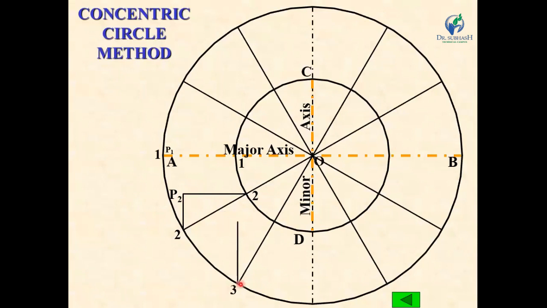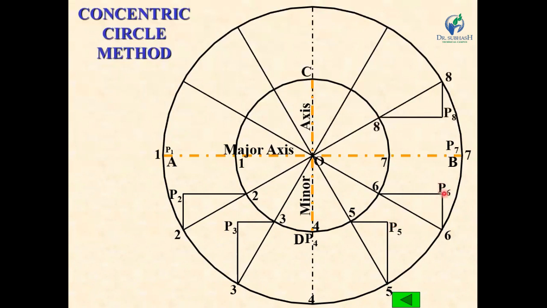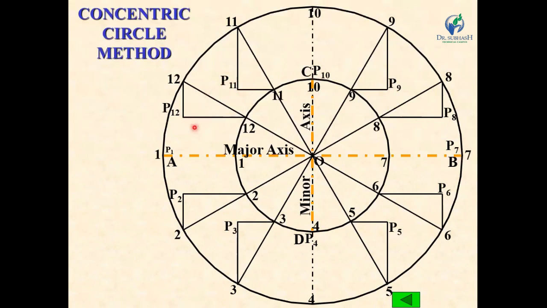Similarly, draw a vertical upward line from point 3 and a horizontal line from point 3 of the inner circle, and the intersection point is P3. Here, similarly, you can find the points P5, P6, P7, P8, P9, P10, P11 and P12.